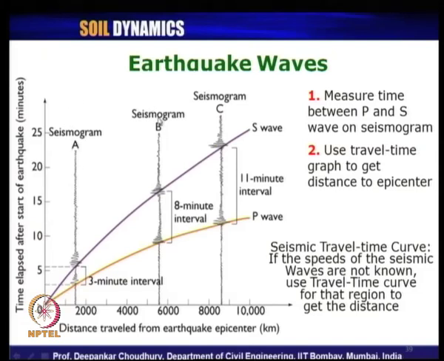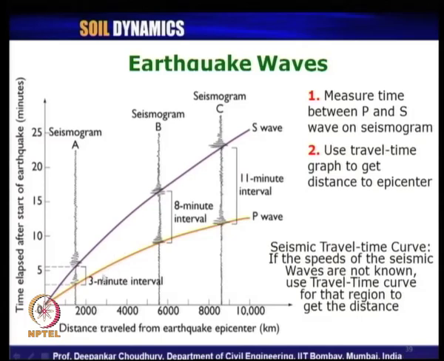In another station, seismogram B, the arrival time of P wave is somewhere here and the arrival time of S wave is somewhere here, and there is a time difference of about 8 minutes say. And at another recording station, let us say C, the P wave arrives here and the S wave arrives here, and the time difference between their arrival is say about 11 minutes.